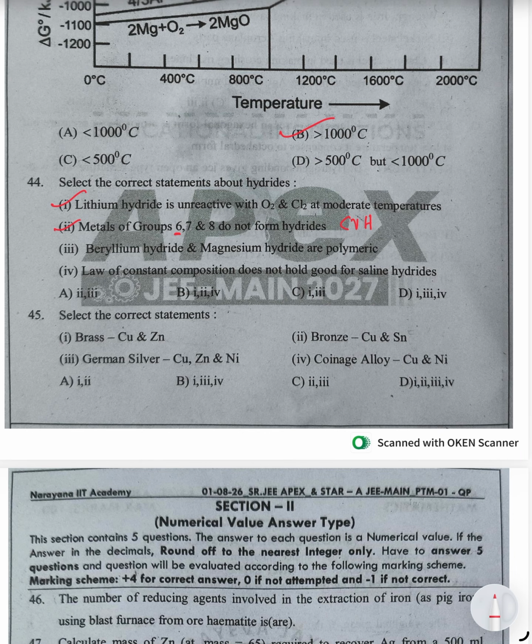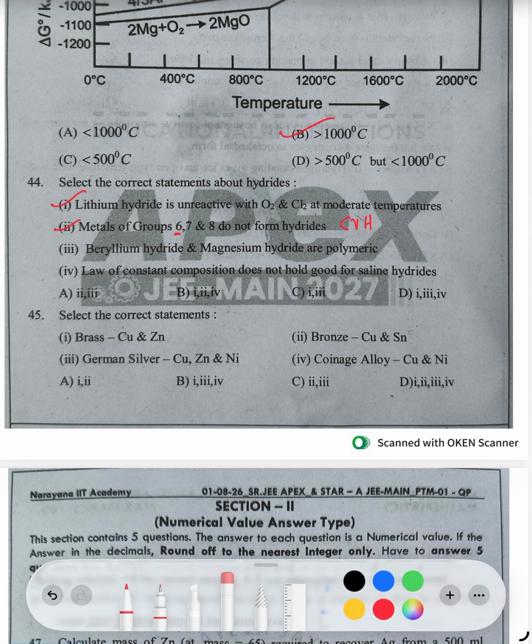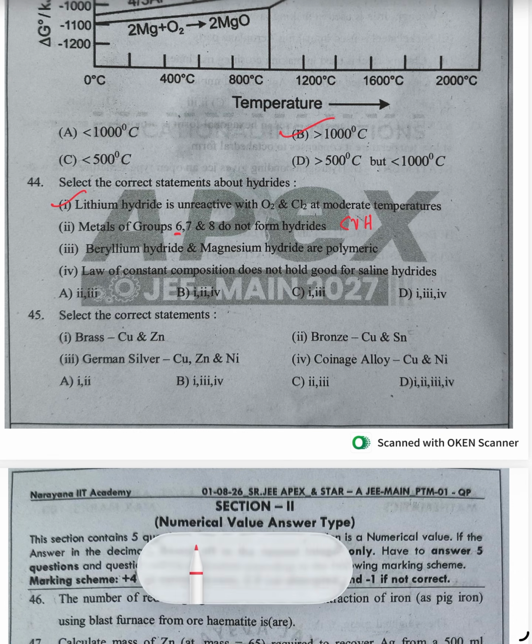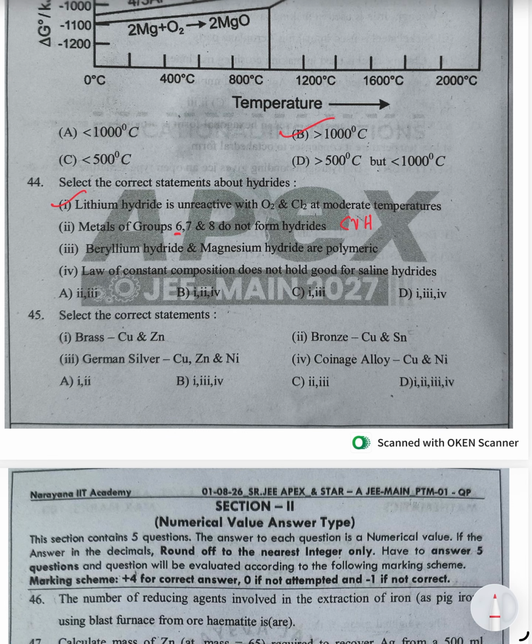So here the 6th is included. That's why you can eliminate this second statement. No need to consider it. The reason is that the 6th group chromium is forming hydrides. Generally the 6th, 7th, 8th groups are called the hydride gap, because they do not react with hydrogen to form hydrides.